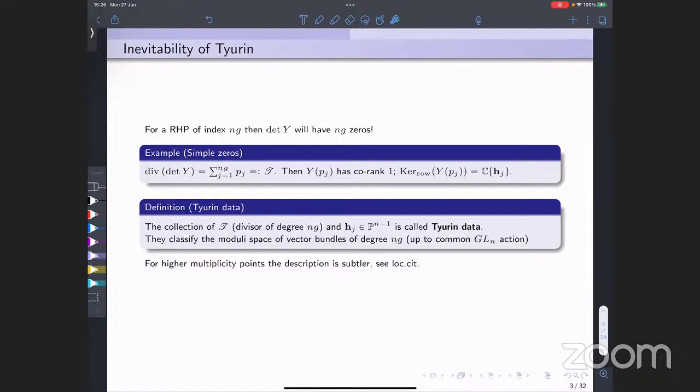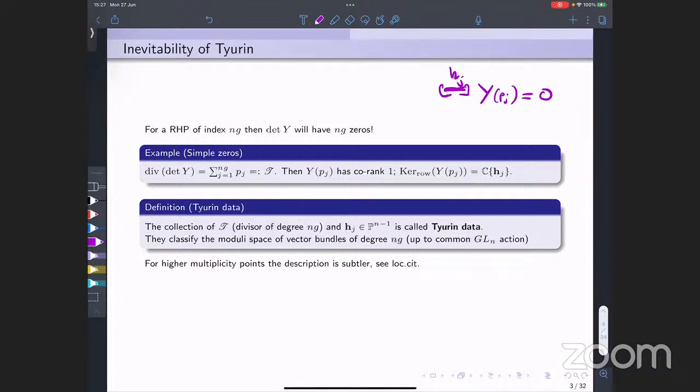Now, if these are simple zeros, then it's easy to prove that the matrix evaluated at this point has co-rank 1, which means that you can find a row vector solution spanning the kernel, and let's call it Hj.